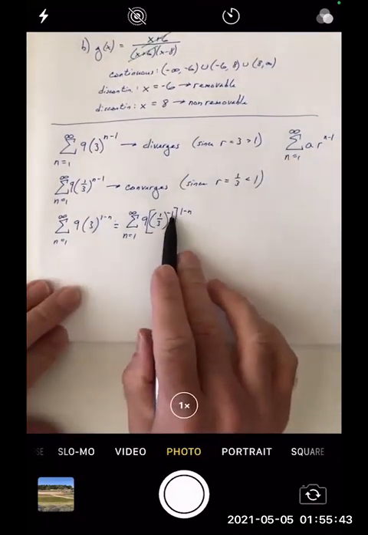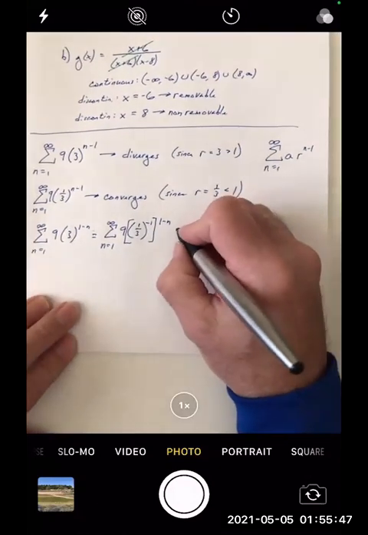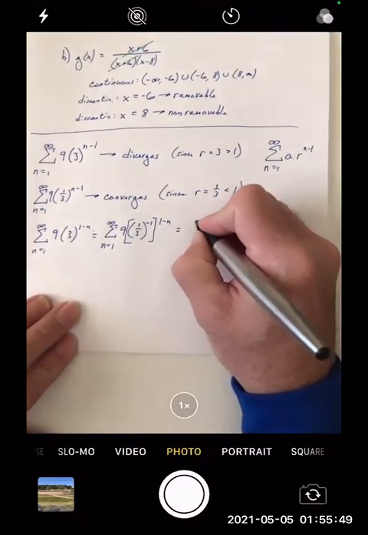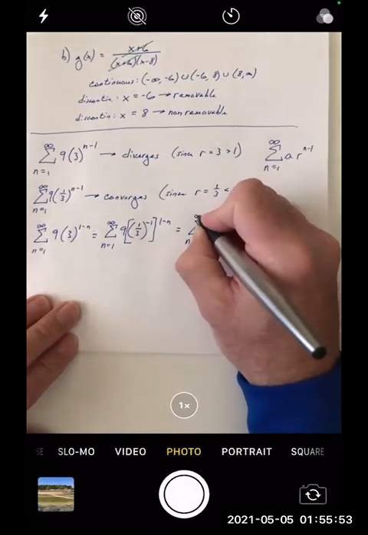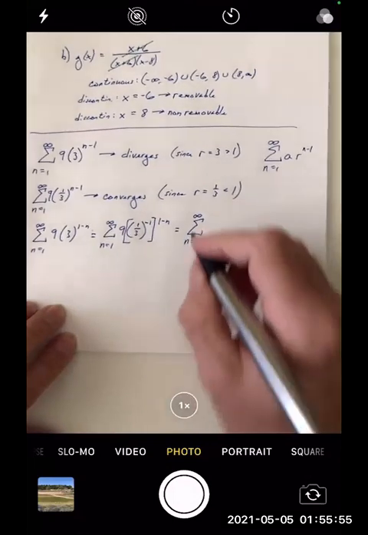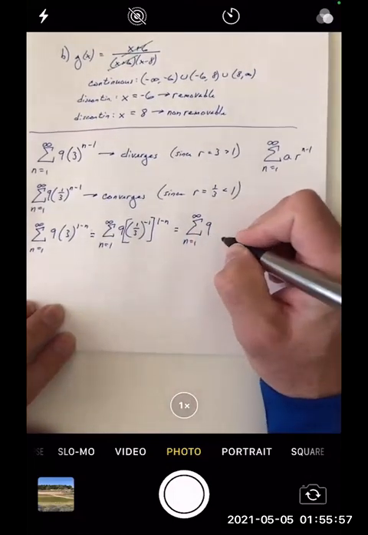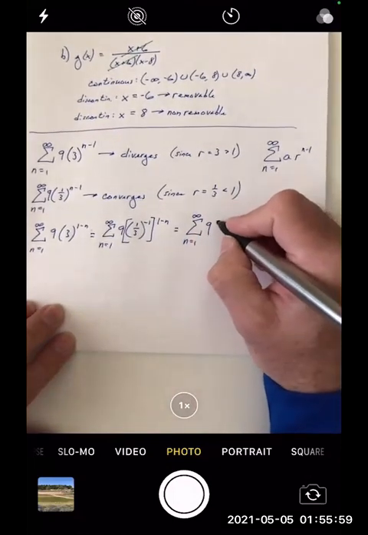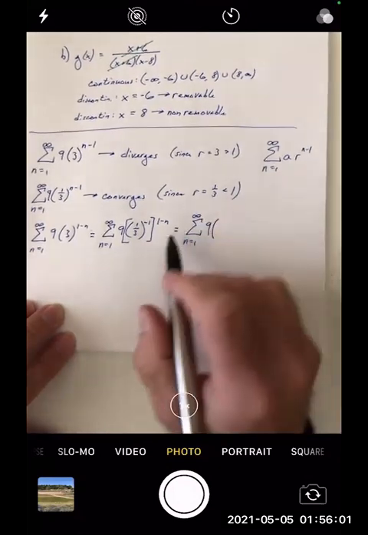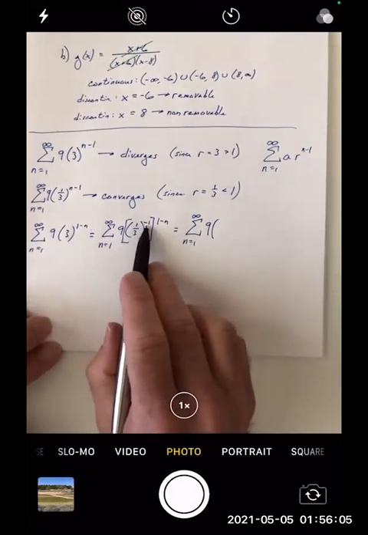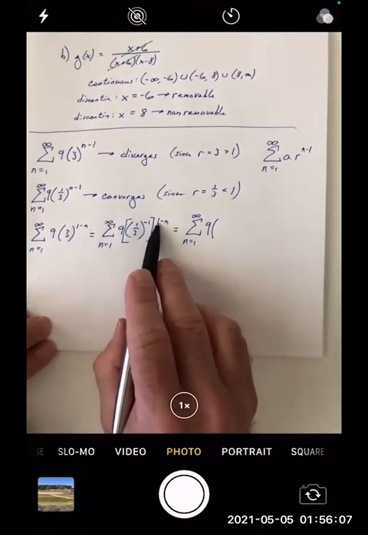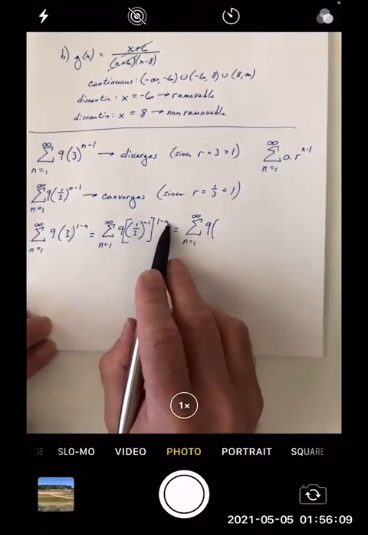And then when you have an exponent to an exponent, what do you do with them? You multiply. And so that's how you're going to get all of your signs to flip, because you have a negative 1 times a 1, and then a negative 1 times a negative n.